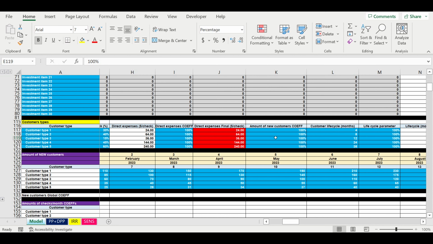Then we move to the amount of customers coefficient, and then we also have the timing parameters. So the different types of customers won't stay with us forever.